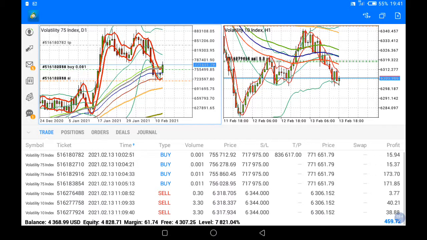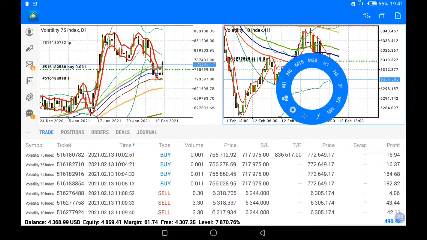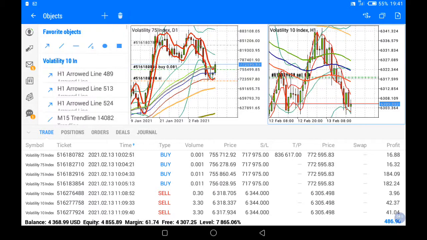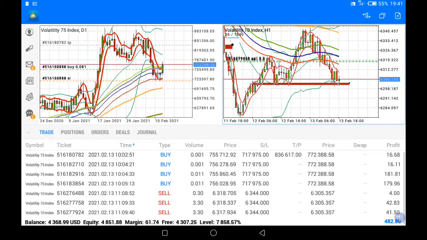If you want to trade the volatility index, in other words the synthetic market, successfully, you must acknowledge that the market respects these key zones. So whenever you're trading, always look through the key zones and try to make decisions around them, because the market tends to respect all of the key zones, as the case may be.